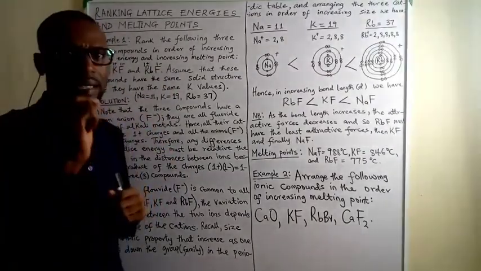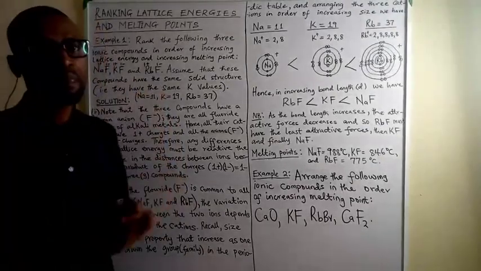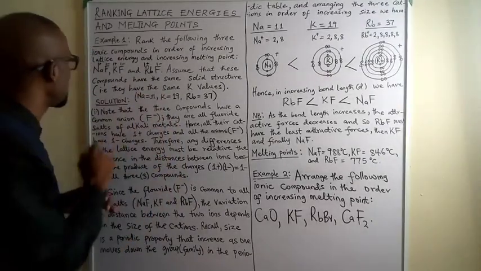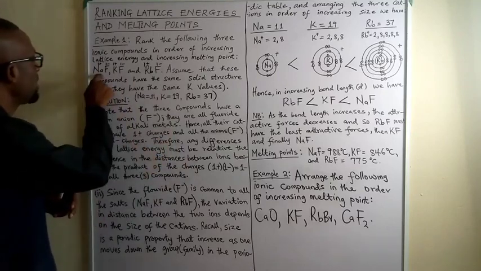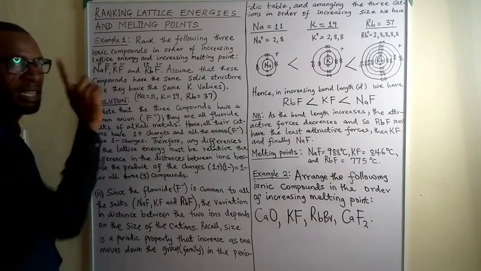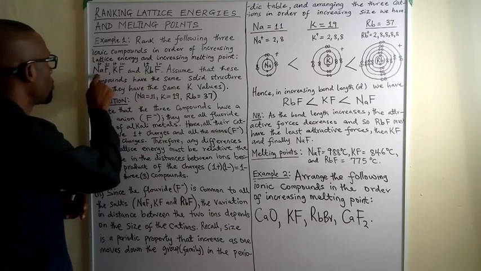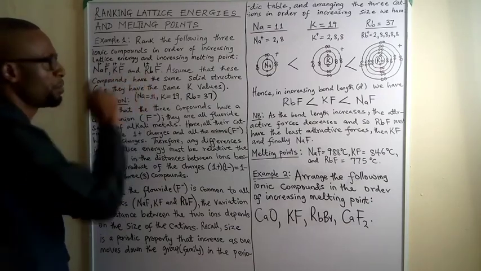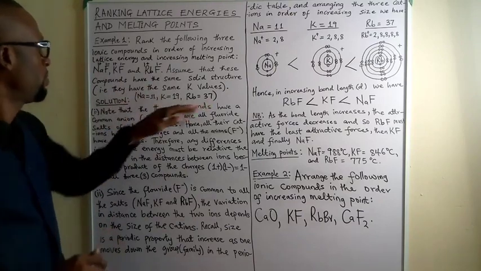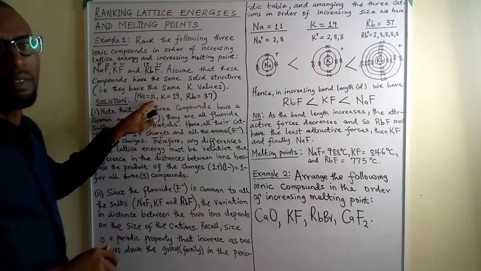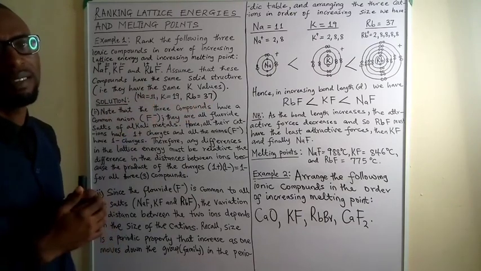Therefore, we can decipher from this understanding that the difference in the lattice energies and the melting point of these 3 compounds is dependent on the ionic size, the difference in ionic sizes between sodium, potassium, and rubidium. That difference will happen because they have 3 different atomic numbers.